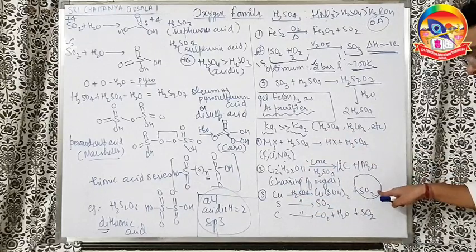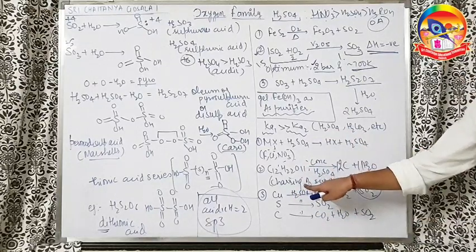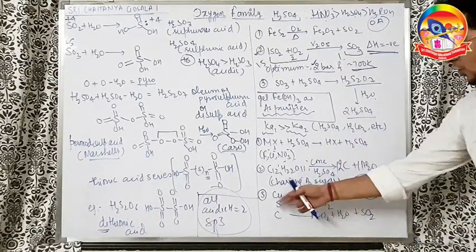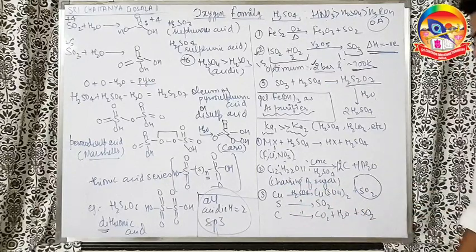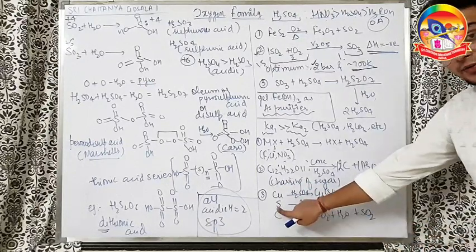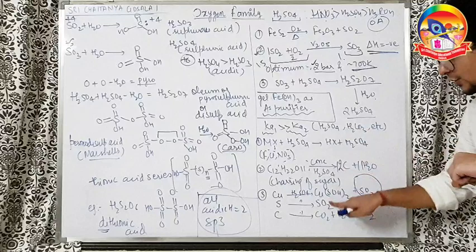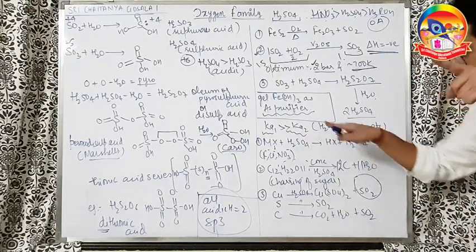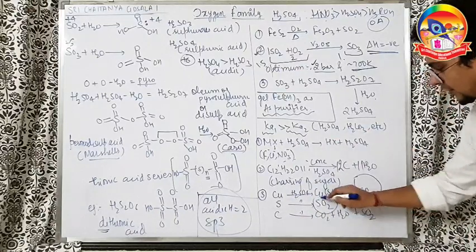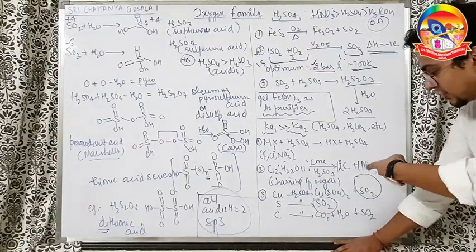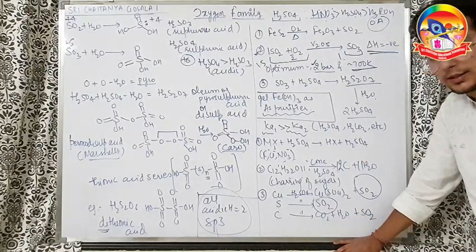H2SO4 is reduced to form SO2, and the copper is oxidized to form CuSO4. Now the tricky part: in the case of sulfur, sulfur gets oxidized to SO2, and H2SO4 gets reduced to SO2, so both form SO2 only. So only one gaseous product comes out there.